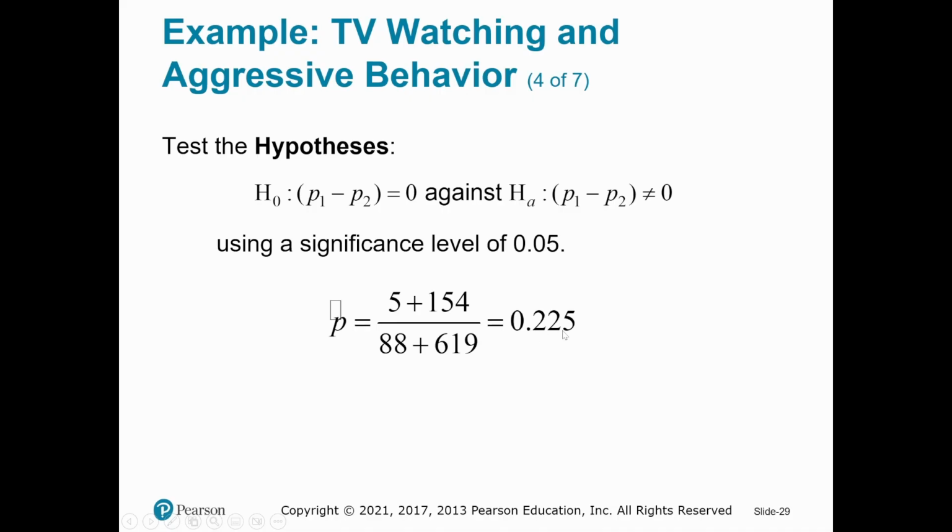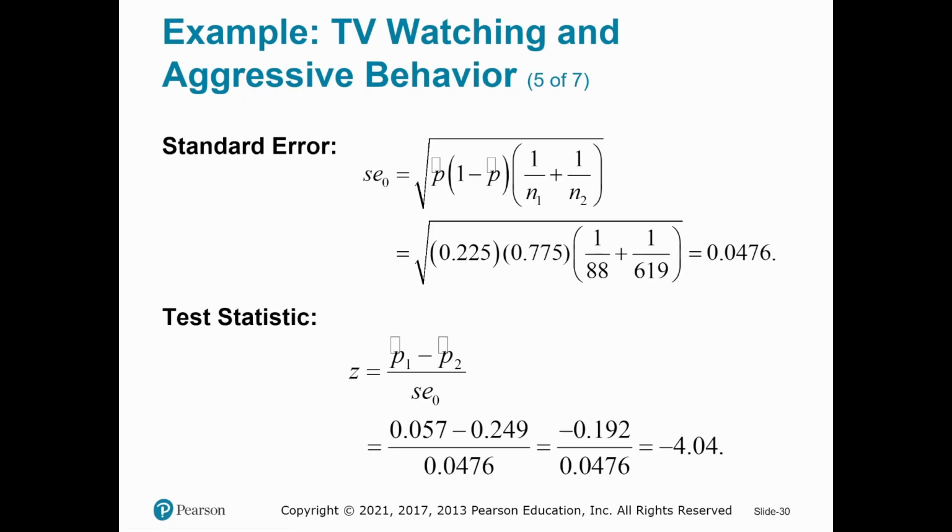Decimal point, 2 places to the right. All right, so this is what's called our estimated proportion or our sample proportion, right? Okay. So, another PowerPoint error slipped through quality control.